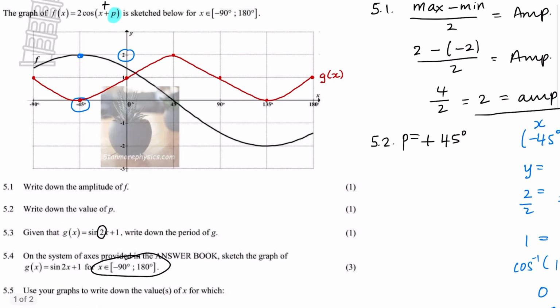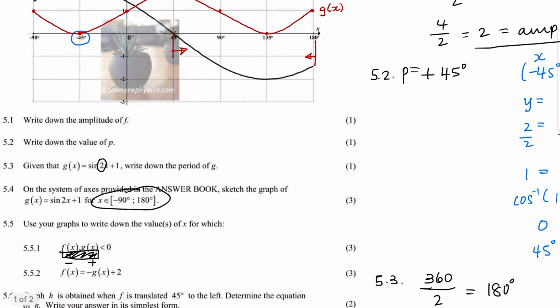So f of x is negative from this point onward here, from there to there. And so our solution is going to read x is between 45 and 180.